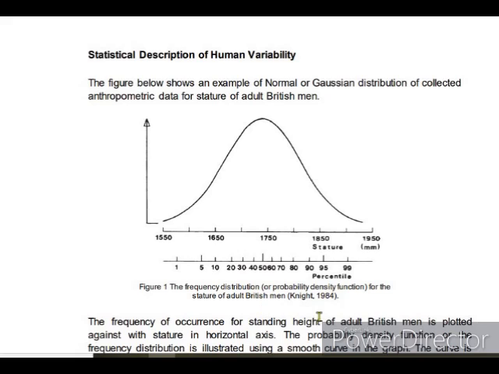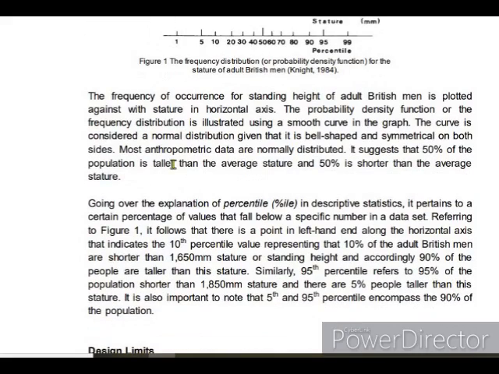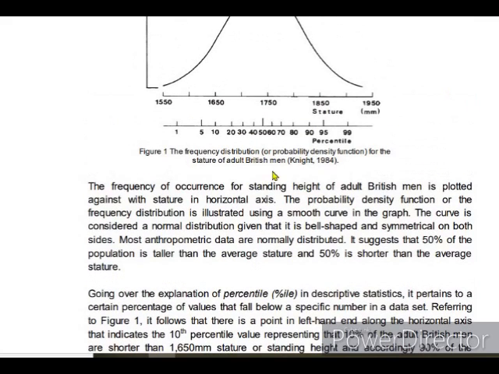That is from 1984. The frequency of occurrence for standing height of adult men is plotted against the stature on the horizontal axis. So that is what makes this figure 1.